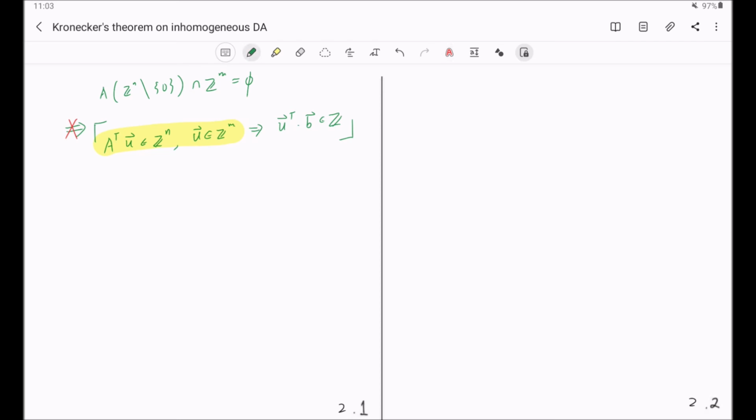We'll still use the same example as above. M equal to 2 and N equal to 1. And A is a 2 by 1 matrix, square root of 2 and 1. And you take B to be the vector 1/3, 1/3.